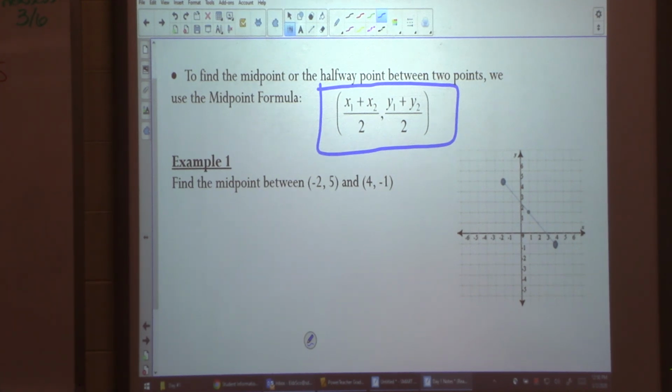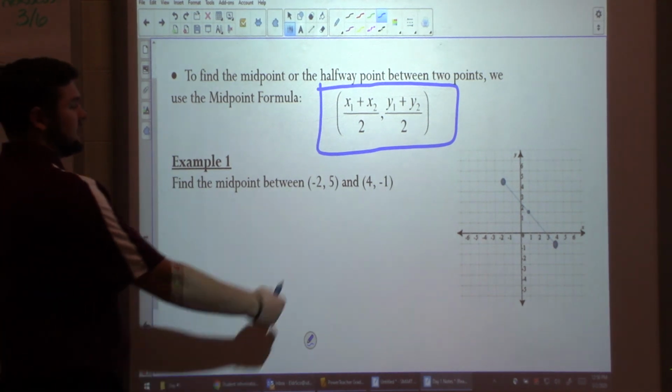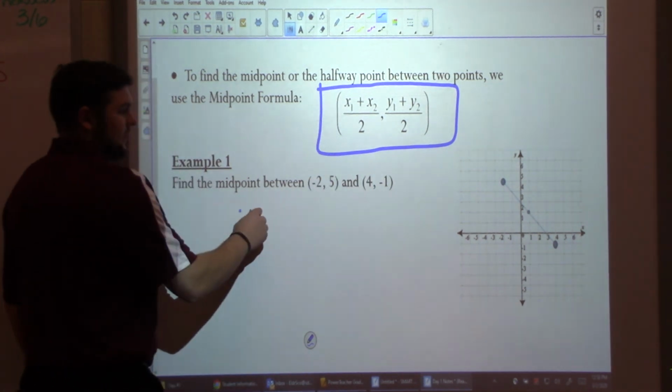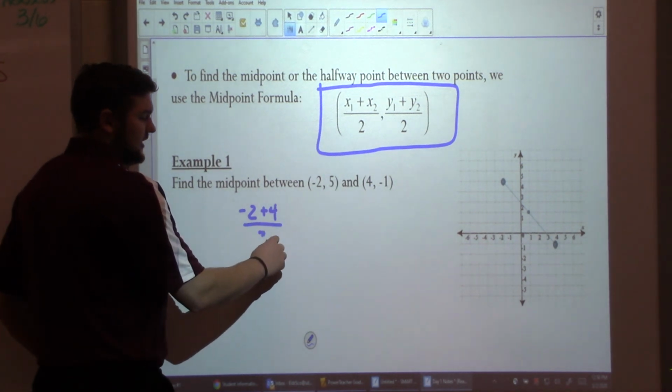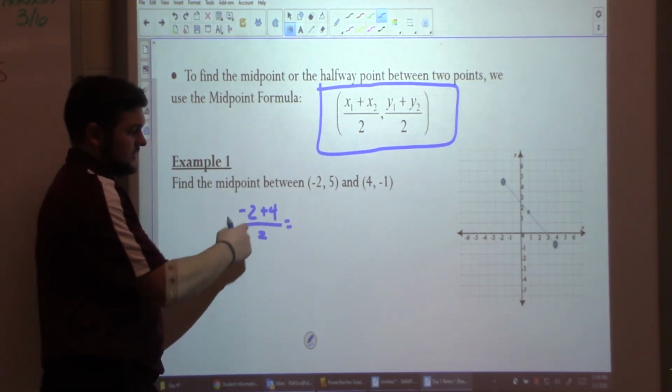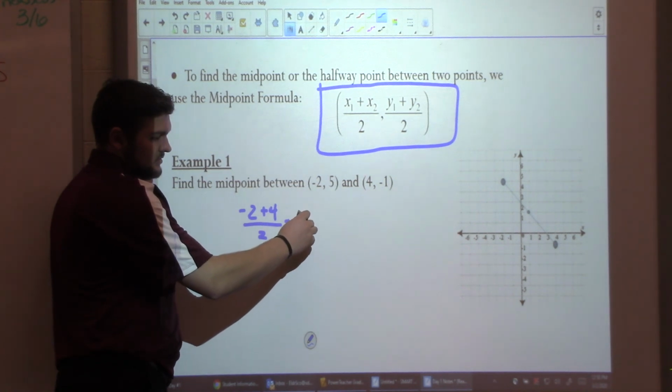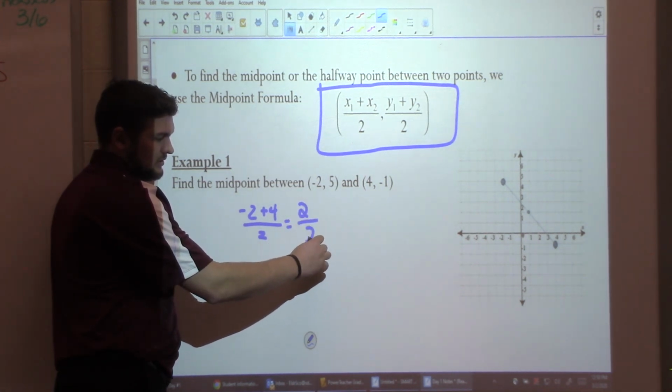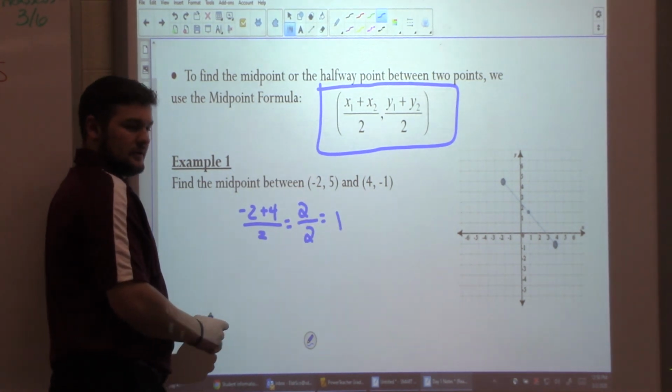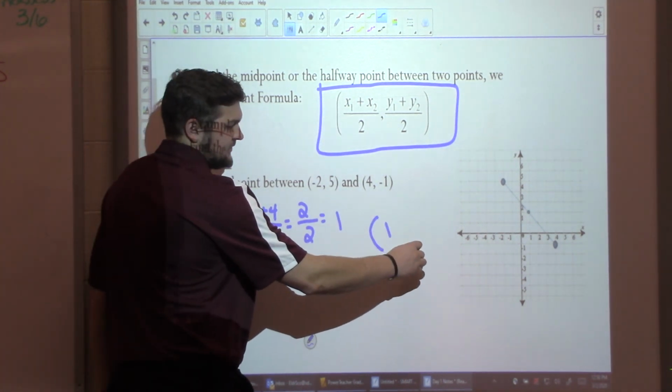First problem says find the midpoint between -2, 5 and 4, -1. So I'm going to take my two x's, I'm going to average them. -2 plus 4 divided by 2. Well, -2 plus 4 is 2, over 2 is 1. So my x value is 1.